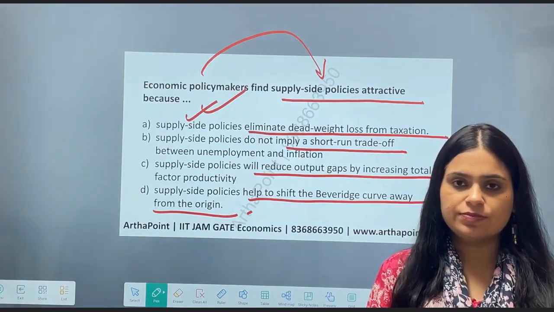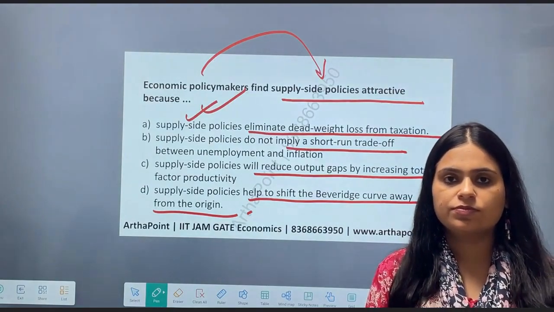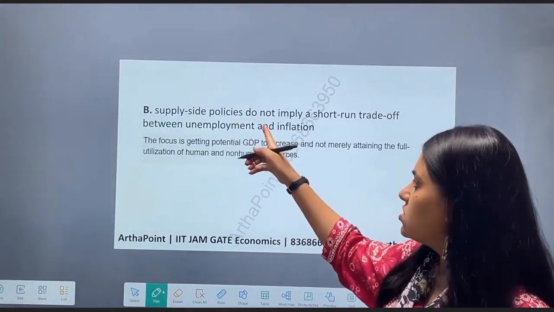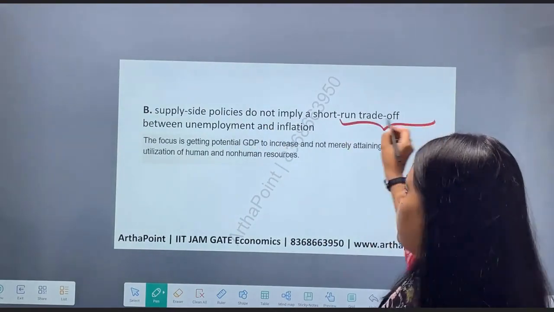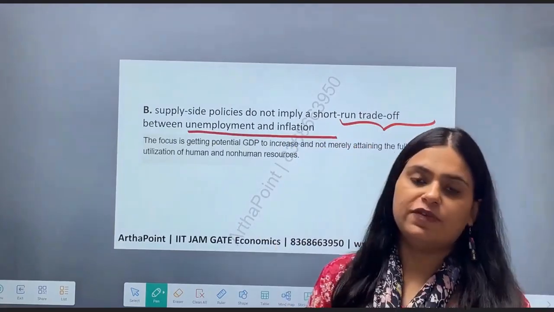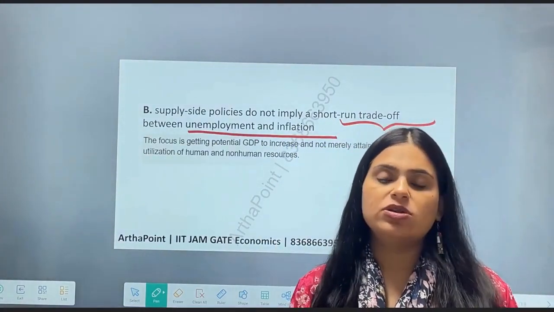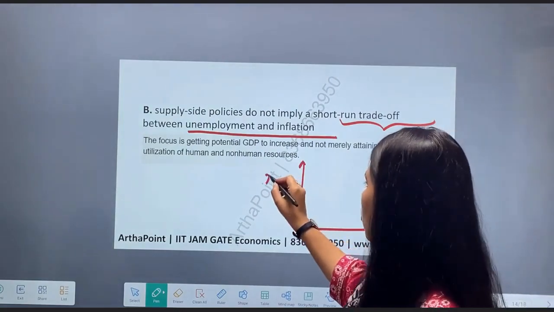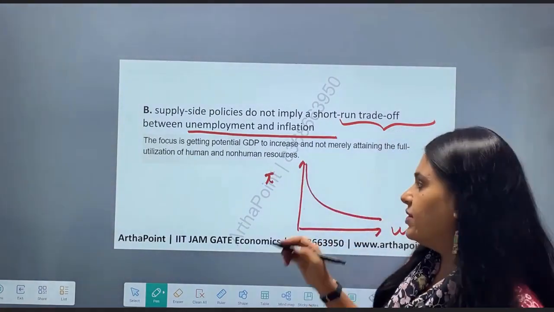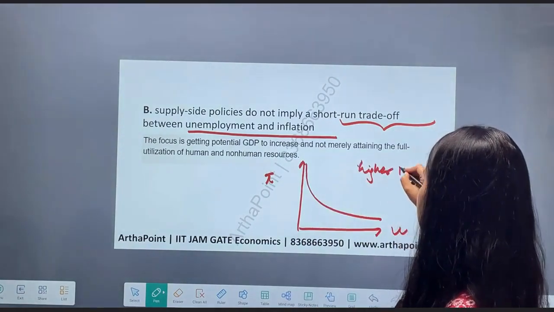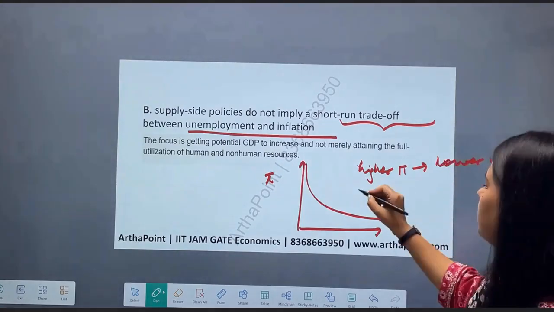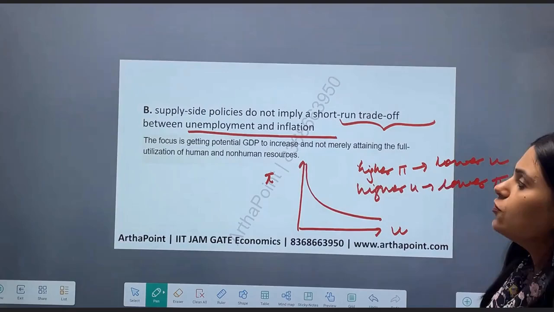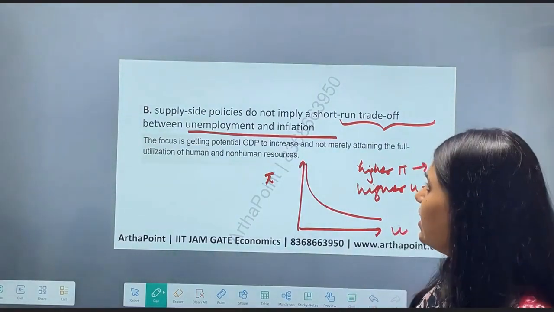Okay. Fine, let's see. So the answer is supply side policies do not imply the trade-off between unemployment and inflation. जब आप सप्लाई साइड पॉलिसीज पे फोकस करते हो तो जो एक ट्रेड ऑफ है अनएम्प्लॉयमेंट और इन्फ्लेशन का, that higher inflation lower unemployment, higher unemployment lower inflation, ये जो फिलिप्स कर्व ट्रेड ऑफ देता है ये ट्रेड ऑफ नहीं रहता.